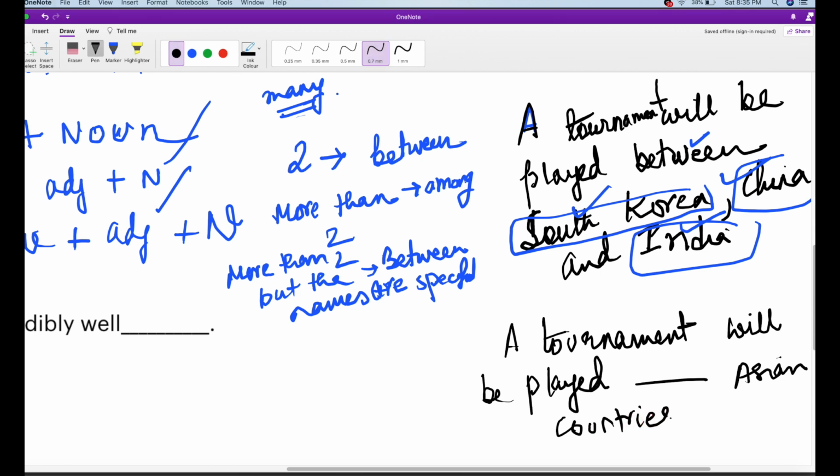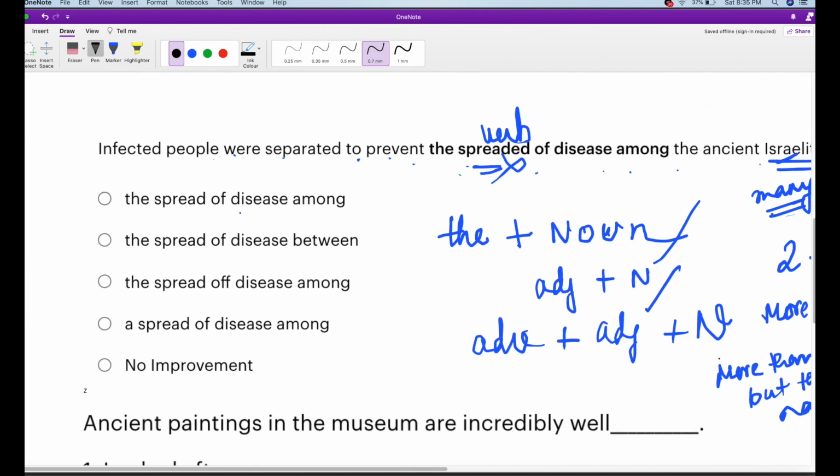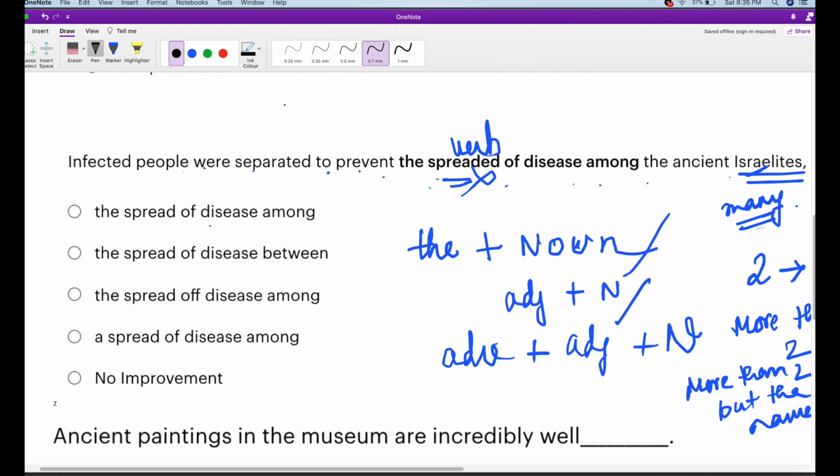Here I am not specifying the names of the countries, and there are many Asian countries. The names are also not specified. That's why I'll use "among". Among the Asian countries. Fine. So let's come to the question now.